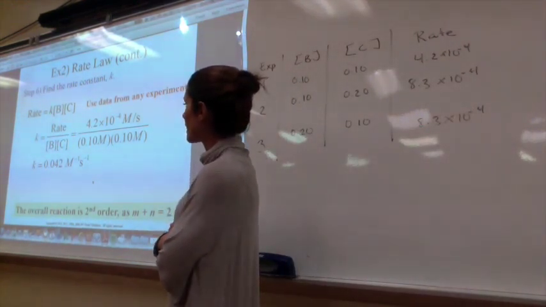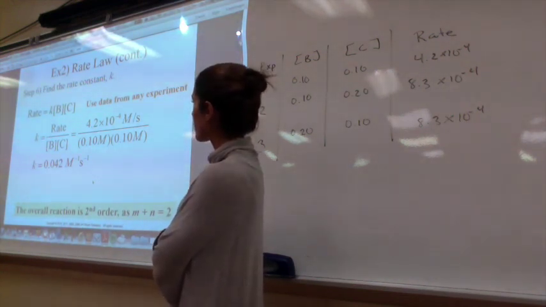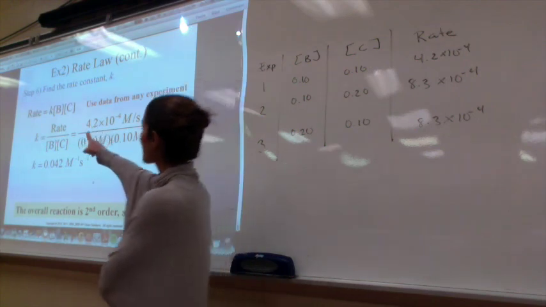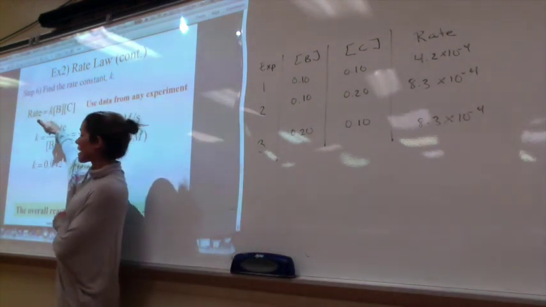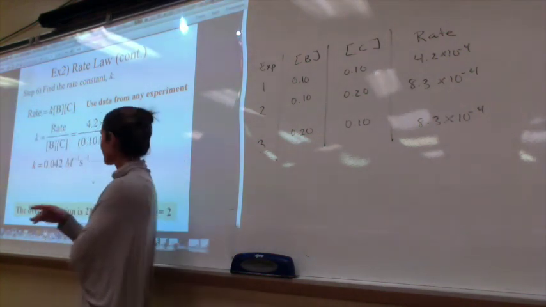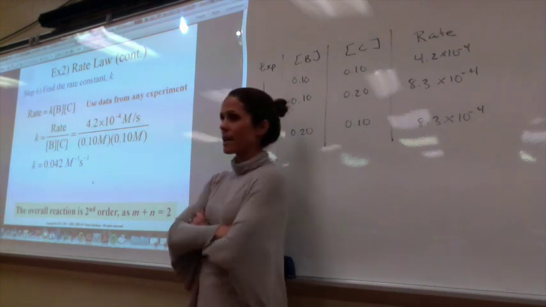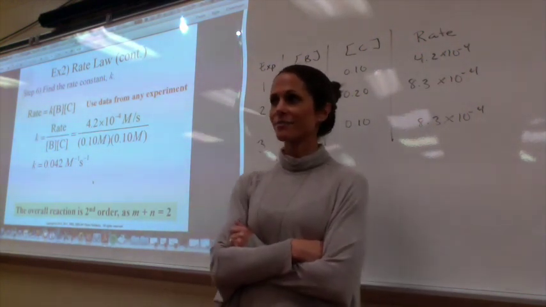You should have all gotten at least exactly this or close to this. And then remember that the units are essentially M times M, so that's M squared. So you would need an M and an s in the denominator to give you an overall M over s. And then the overall order is second. Make sense? The end.